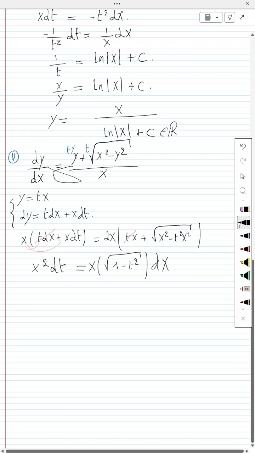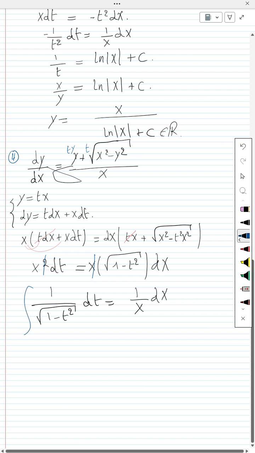Now we have some simplification, and it's going to be 1 over the square root of 1 minus t squared dt equals 1 over x dx.